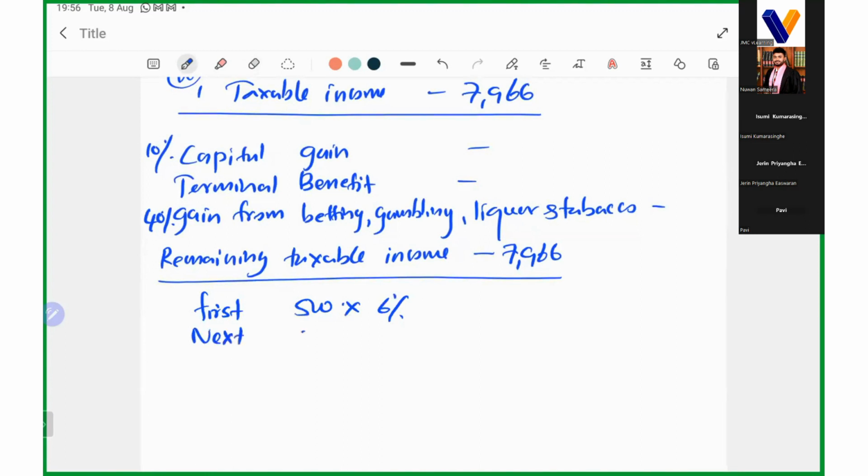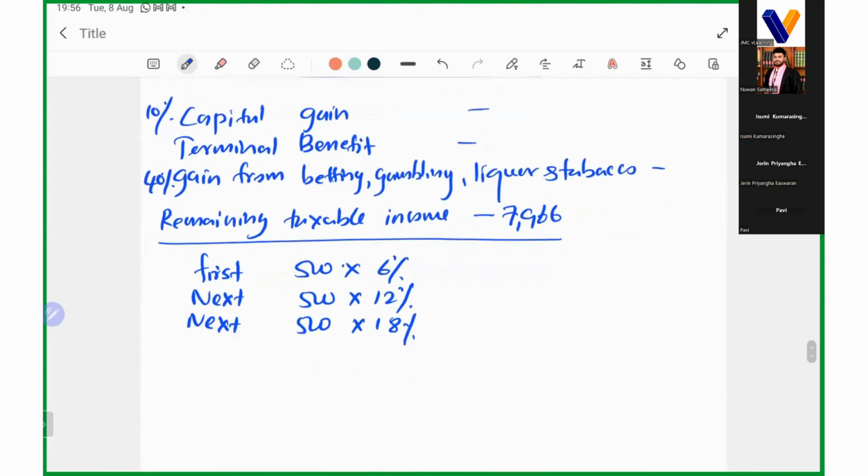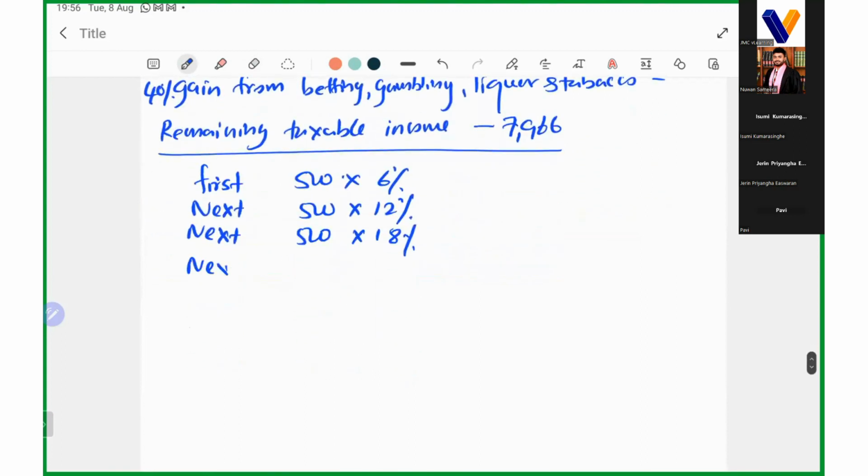Next 500,000 at 12%. Next 500,000 at 18%. Next 500,000 at 24%. Next 500,000 at 30%. You can take up to 2.5 million.